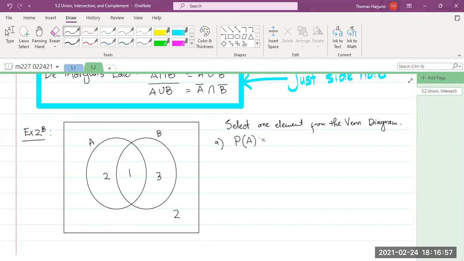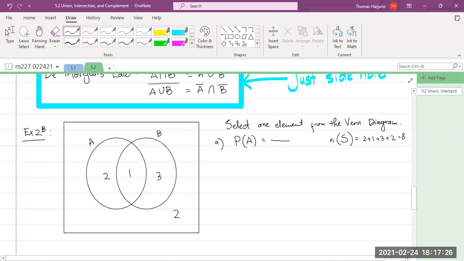Now, the probability of getting an element from A is equal to the proportion of A compared to the whole Venn diagram. Now, how many elements in the Venn diagram? 4? No. Not 4. How many elements in the Venn diagram? There are 2 plus 1 plus 3 plus 2.